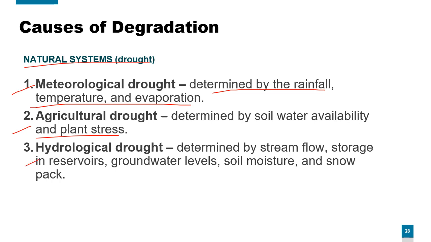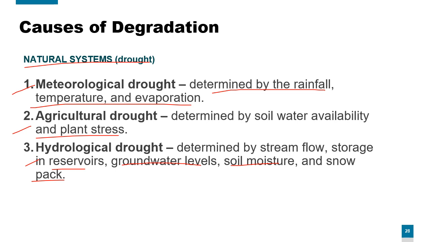It is determined by stream flow, storage of the reservoir, groundwater levels, soil moisture, and snowpack. So kung halimbawa yung mga dams natin, di ba? It's a water reservoir. Now, itong water reservoir na to, mini-maintain kasi nila yung tamang level ng tubig.